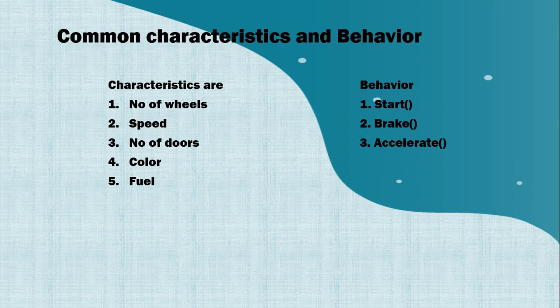So we can say that inheritance is the process of defining a new class, called a derived class, from the base class, nothing but the parent class. Here the derived class can have all the members, characteristics, and behavior from the base class. Apart from those, it can also have its own characteristics and behavior. So this is about inheritance.